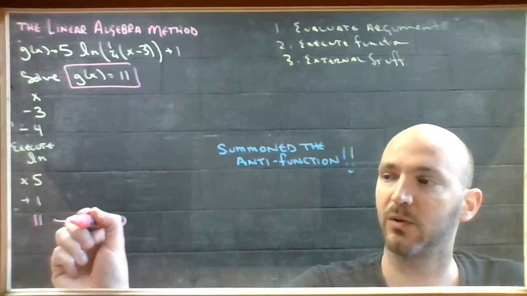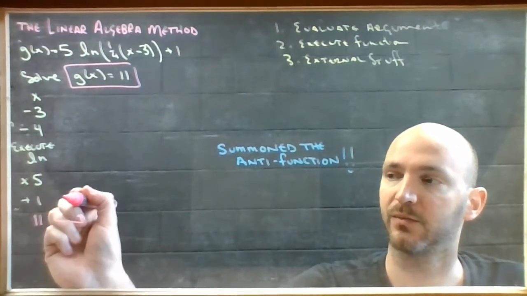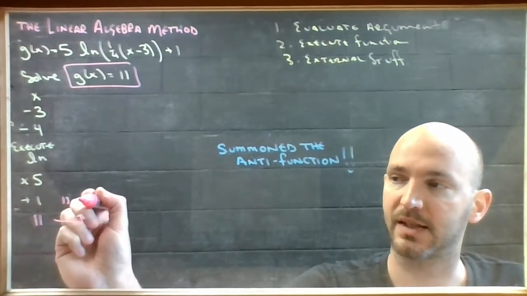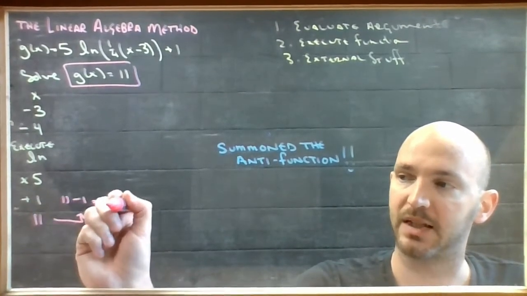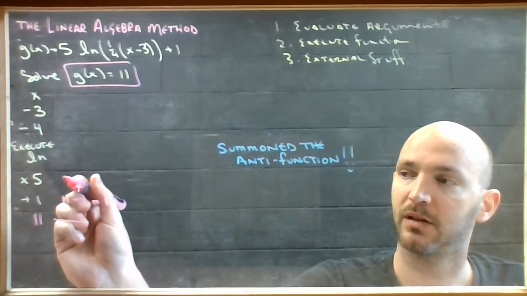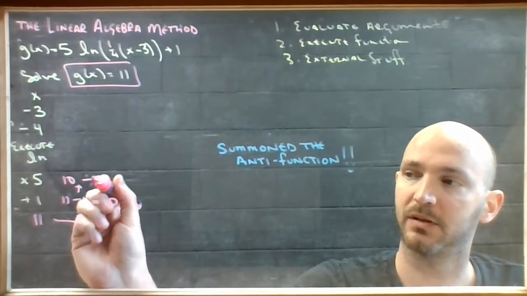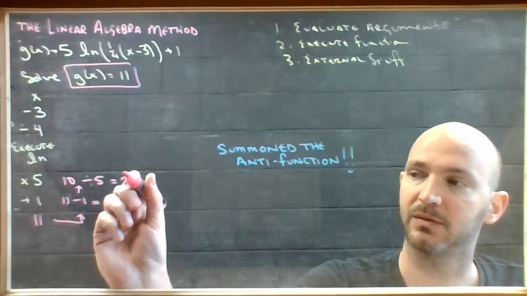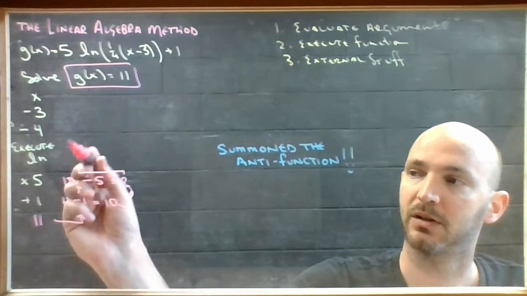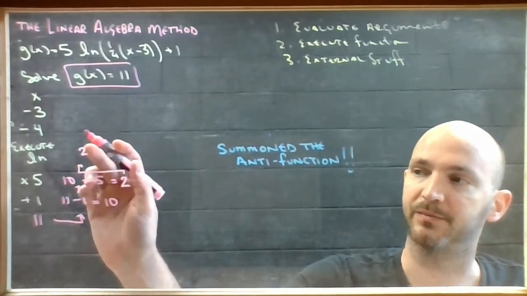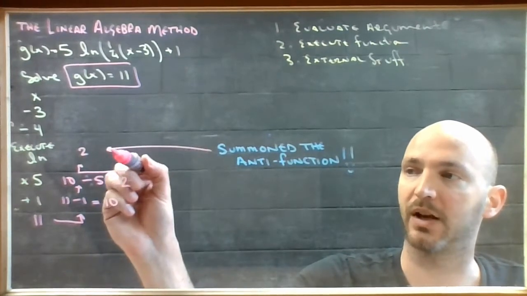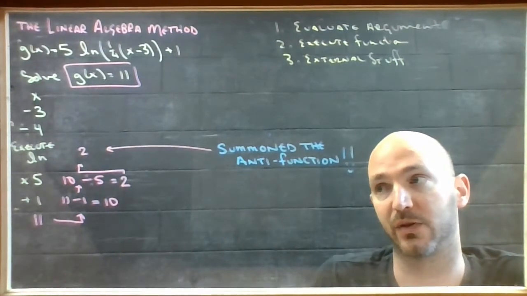So if I go backwards, 11, reverse this step would be 10. 10, reverse this step would be 2. 2, this is the line where I need to summon the anti-function for ln.